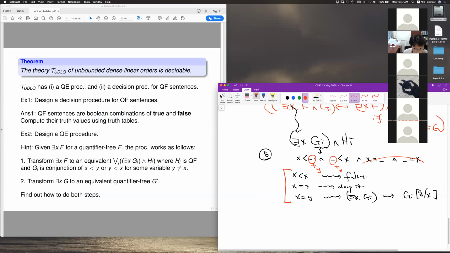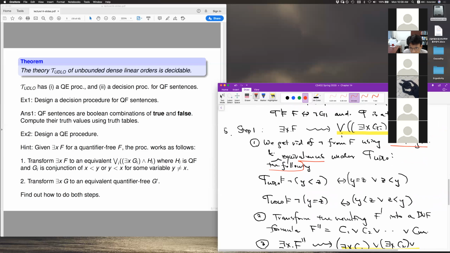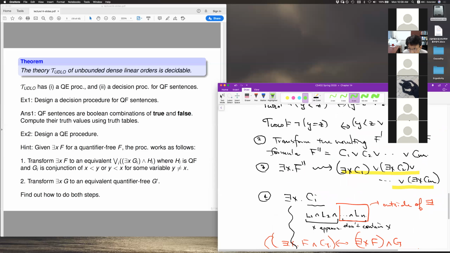Although it looks complicated, this is actually quite simple manipulation. First, we remove the negation from outside. Second, we do the DNF transformation. Third, we distribute existential quantification like this.